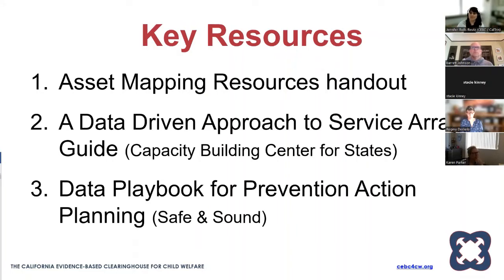So if you like the way we're doing asset mapping, download that guide and it'll give you a lot more detail. The other material that we're going to use today is the Data Playbook, which came from Safe and Sound, and it is an excellent resource on using data in your comprehensive prevention planning process.